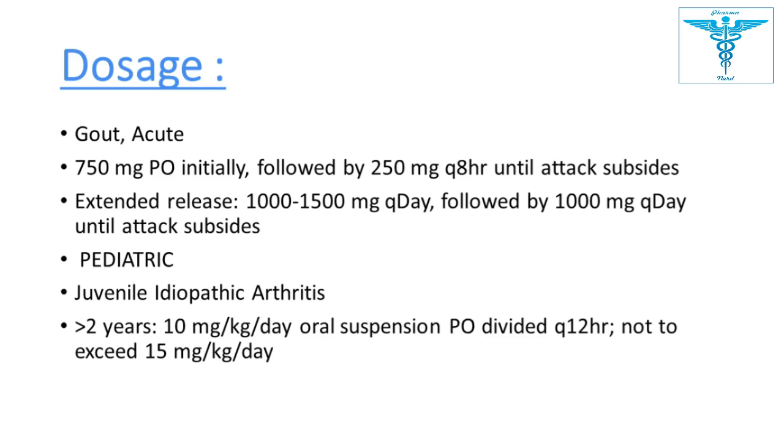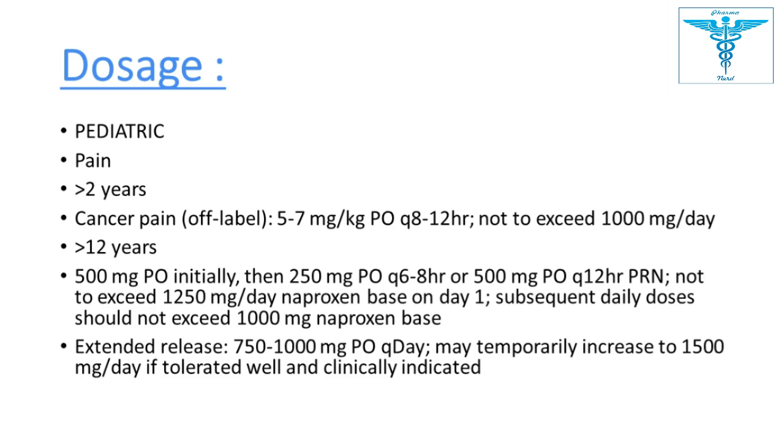In juvenile idiopathic arthritis, for a child aged more than 2 years, 10 mg per kg per day oral suspension per oral in divided doses every 12 hours, not exceeding 15 mg per kg per day. In pain, for a patient having cancer pain, 5 to 7 mg per kg after 8 to 12 hours.